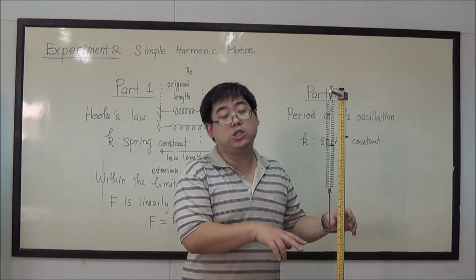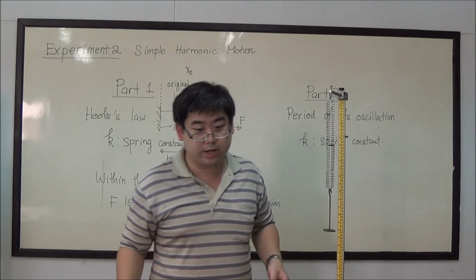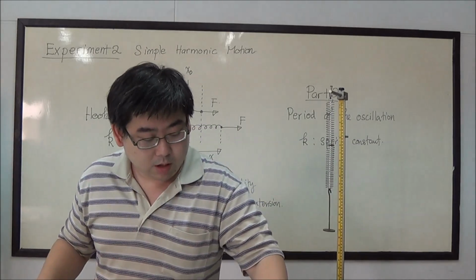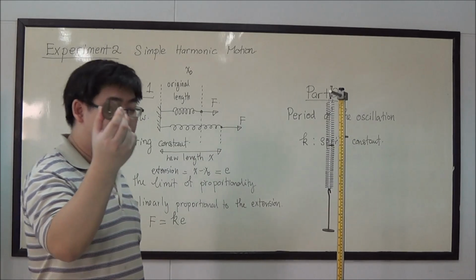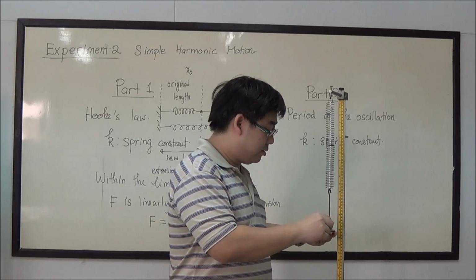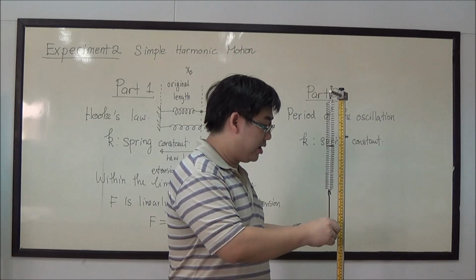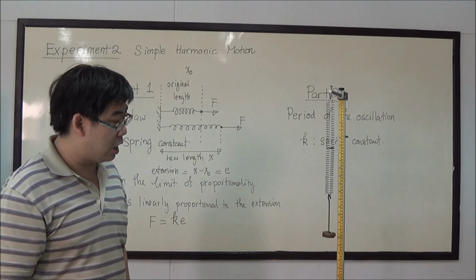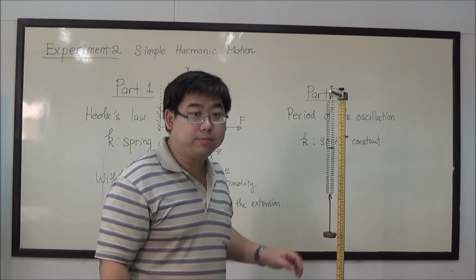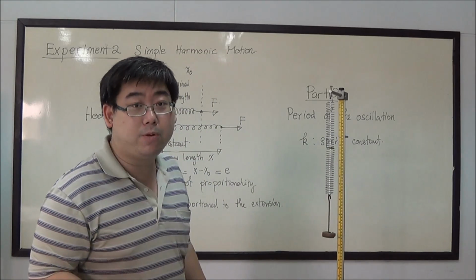So you might use a ruler to help you read the scale. And what we are going to do in the first experiment, we are going to put the mass onto the place holder. So I put 100 gram of mass, and then I'm going to read the length of the spring.